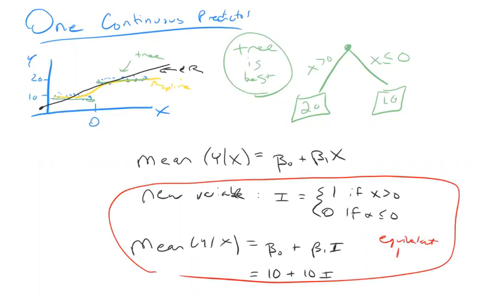Right, but the first one I drew here is not equivalent to the tree if you actually consider X continuous here. Okay. So this scenario, where we have these flat lines, is perfect for a tree, or if you want to create a new variable that is an indicator for different regions of X, then sure, that could work as well.